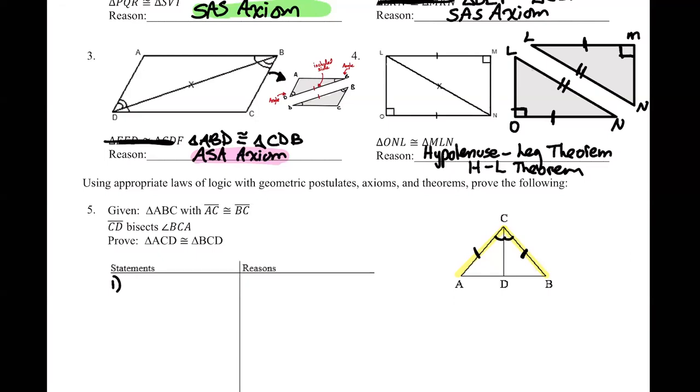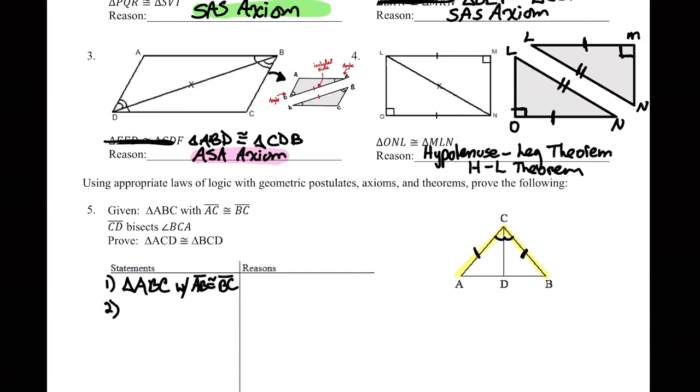So the first statement would be that we have some sort of triangle ABC, with AC congruent to BC. So you get your given statements in there.